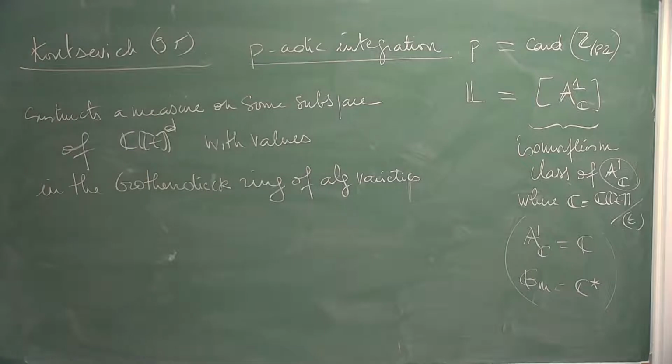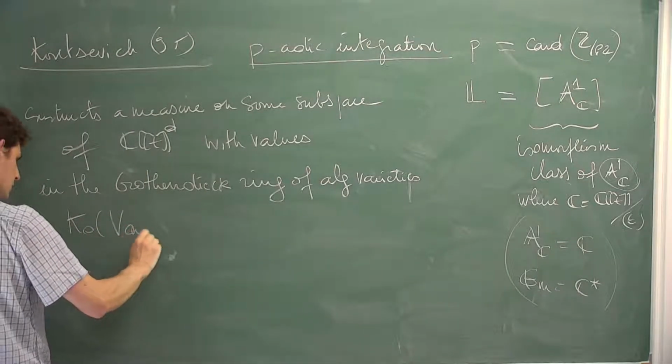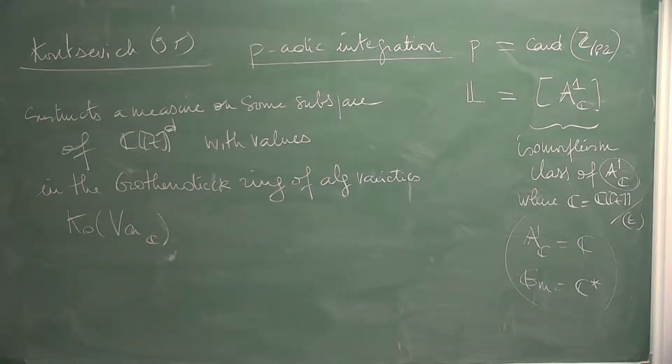So I will define that now. So this is denoted by K0(Var_C). Okay.